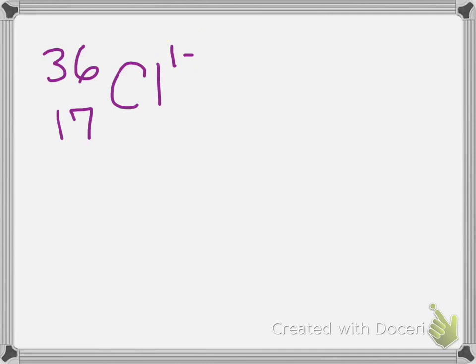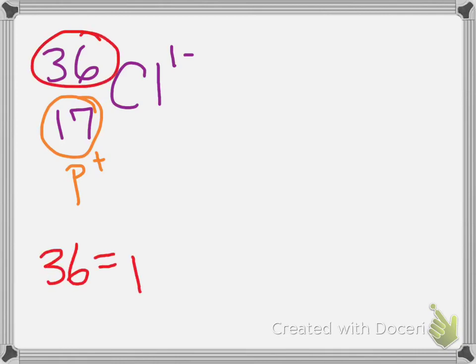Now we need the number of protons. Well, remember, the atomic number is equal to the number of protons. So if our atomic number is 17, then the protons is also 17. For the number of neutrons, we know that the mass number is equal to protons plus neutrons.